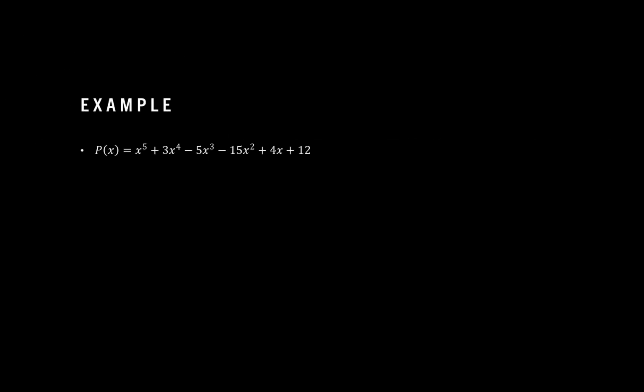So we have p of x equal to x to the 5th plus 3x to the 4th minus 5x cubed minus 15x squared plus 4x plus 12. We want to count first the variations in p of x.